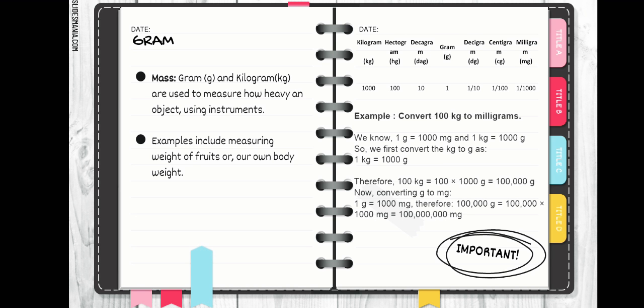So 100 kilograms is equivalent to 100 million milligrams. Don't mind the unit mg after the 100,000, guys. It's a typo.